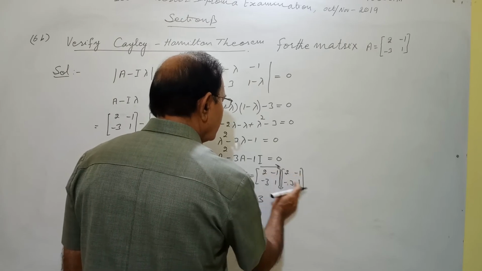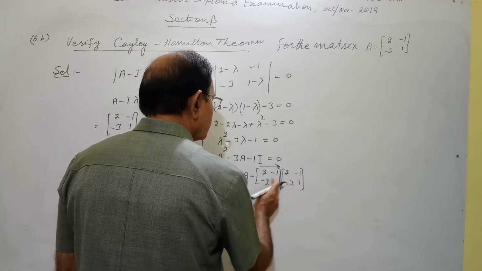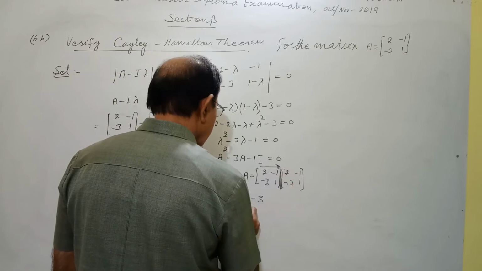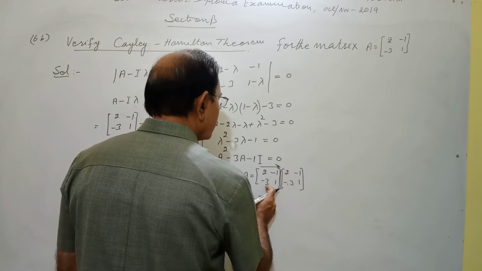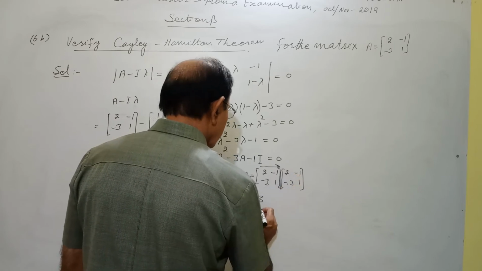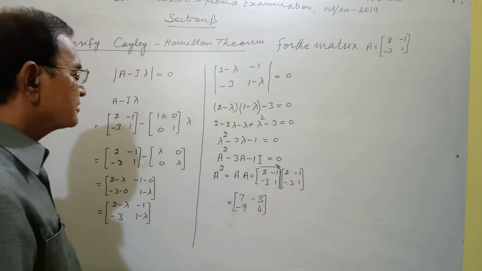So 2 into minus 1, minus 3. Here it is minus 6, minus 3, minus 9 plus 3 and plus 1, 4. This is what we will get after multiplication.